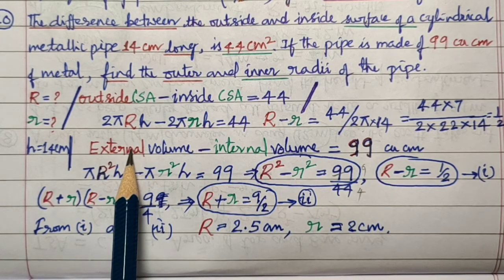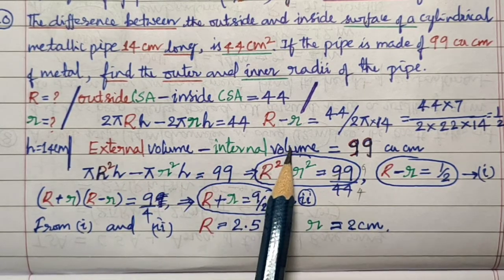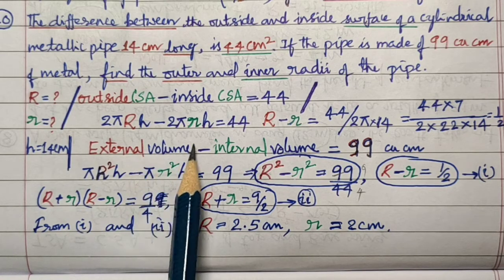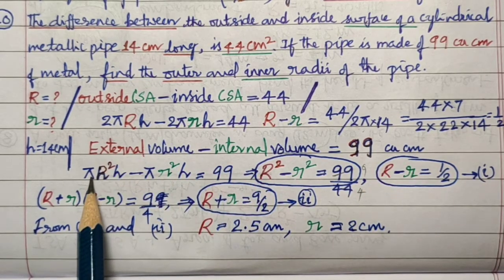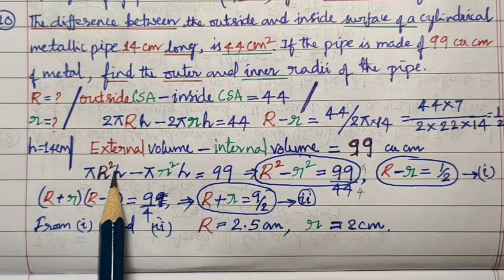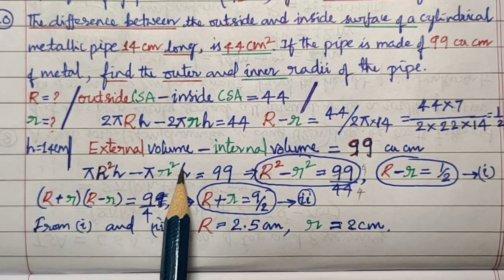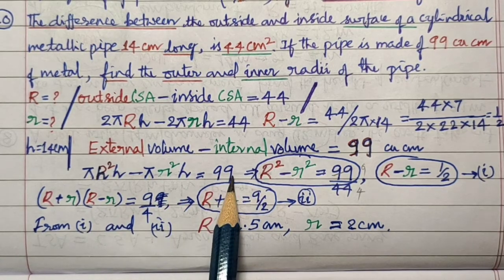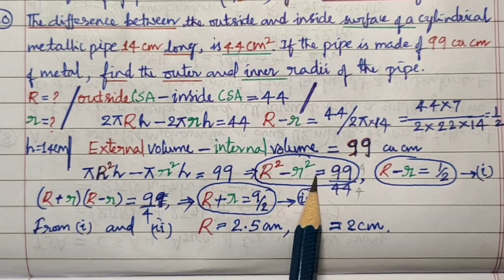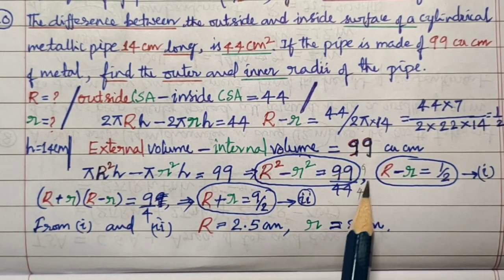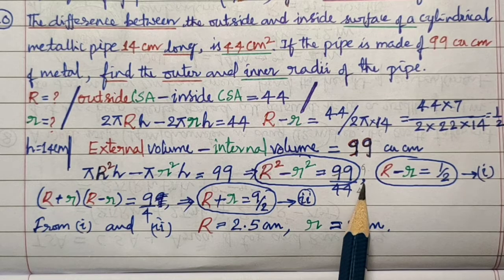External volume is pi R square h, internal volume is pi r square h. Pi R square h minus pi r square h is 99. R square minus r square is equal to 99 divided by 44, that will give 9 by 4.